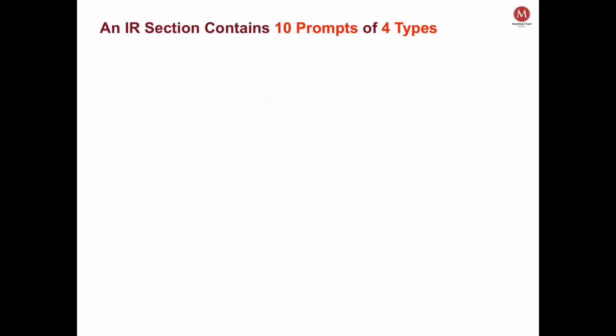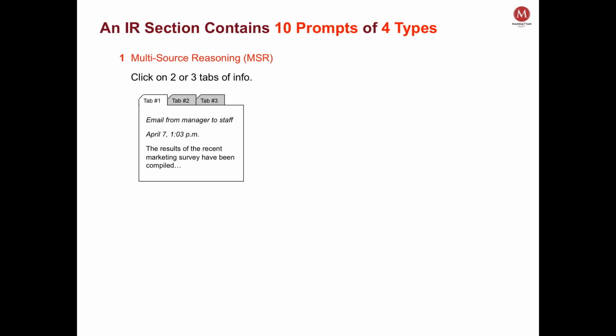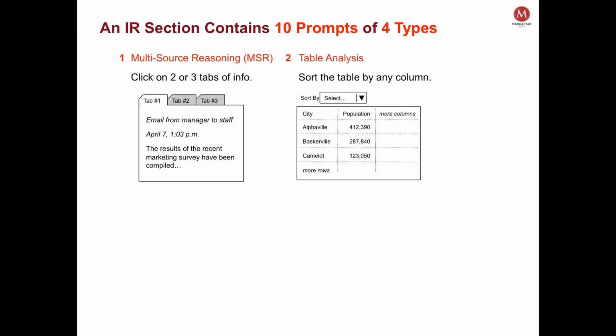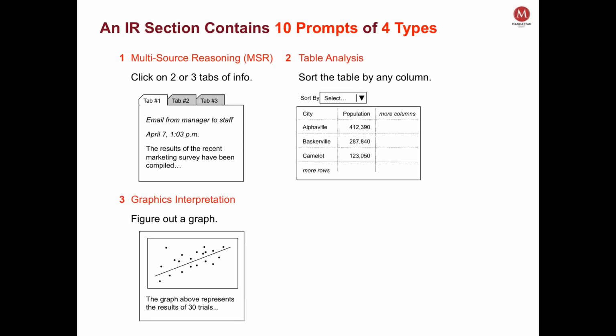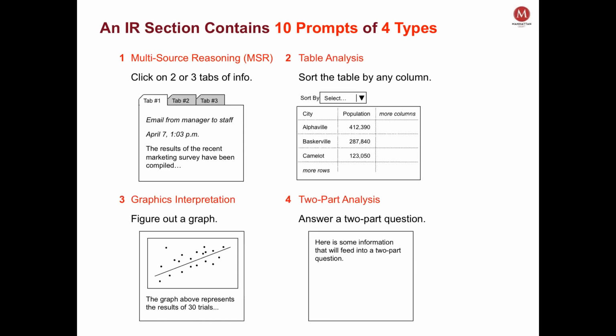So just a recap of some basics. An IR section has 10 prompts. A prompt is not a question. A prompt is a source of data. You can think of a prompt as a mini case, with the most case-like of all being these MSRs, multi-source reasoning, because you'll have a tabbed prompt with multiple things to go back and forth between.